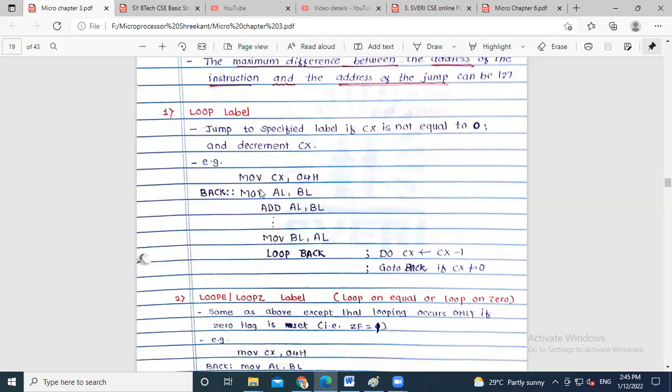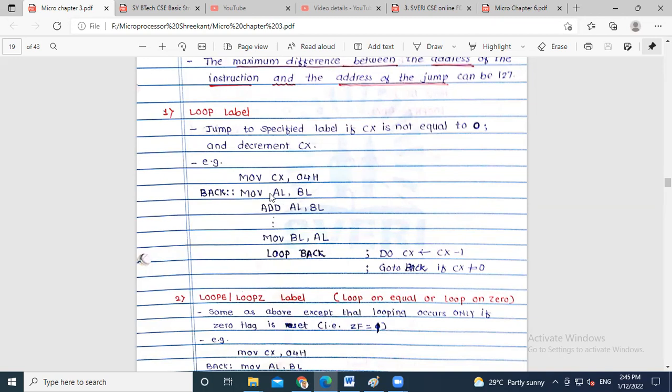For example, if CX has a value of 4, then back here you have to take the label, as per our mnemonics format. This one is a label, which is nothing but back. That back we connect here. The loop happens back, so the controller again comes to this point and executes the number of iteration times, until it reaches the end condition.